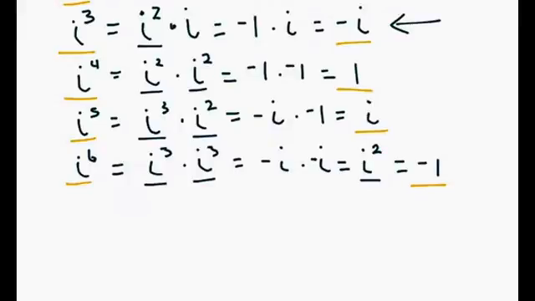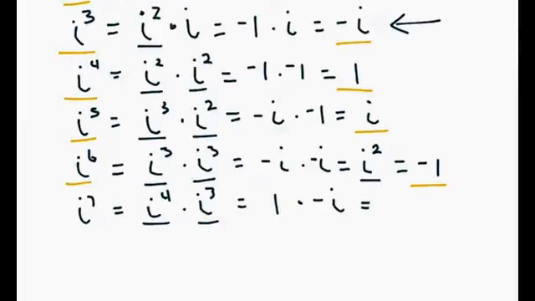We'll do two more. I just want to be sure that you're understanding exactly how we are finding these values. I'm going to break i to the seventh down to i to the fourth times i to the third. i to the fourth is 1, i to the third is negative i, and 1 times negative i is negative i.